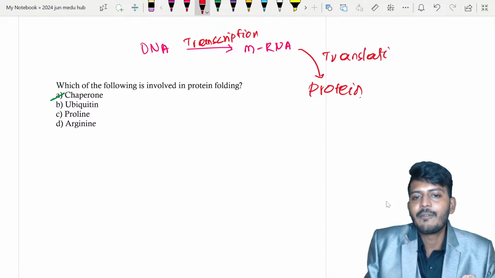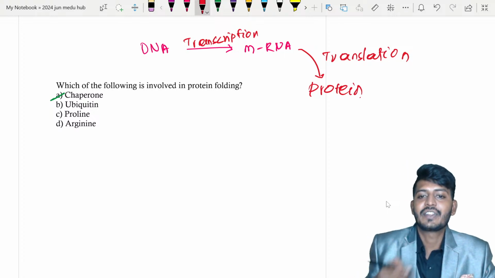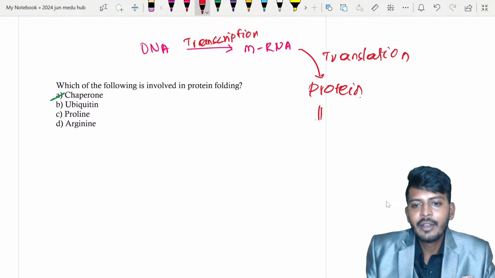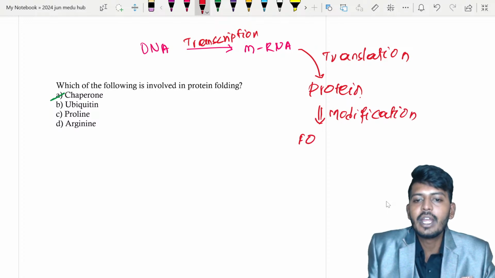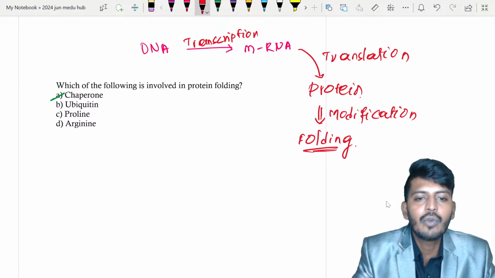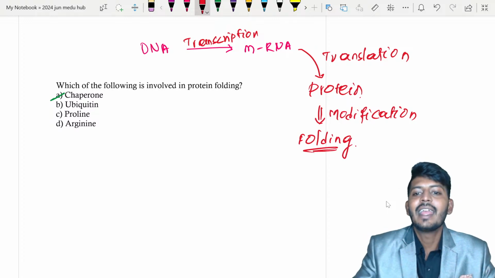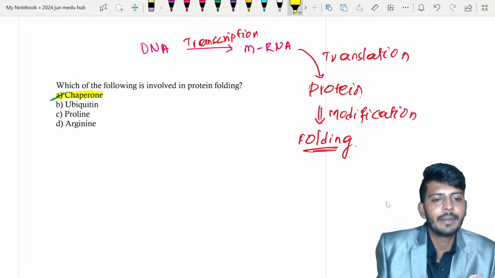Formation of protein from the mRNA is translation. After translation, the proteins undergo modification. For example, classically, protein folding occurs. Protein folding is done by chaperones.